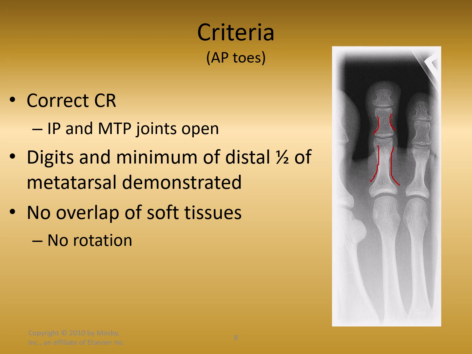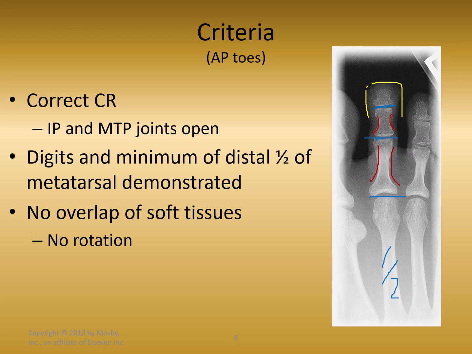We're looking for equal soft tissue margins around the phalanx. We're looking for open joint spaces. At the metatarsophalangeal joints, we're looking to see at least one half of that metatarsal.